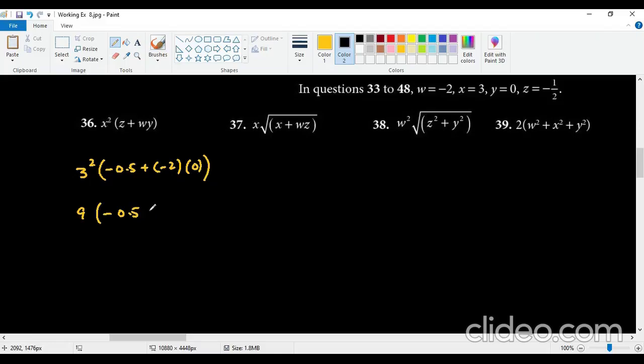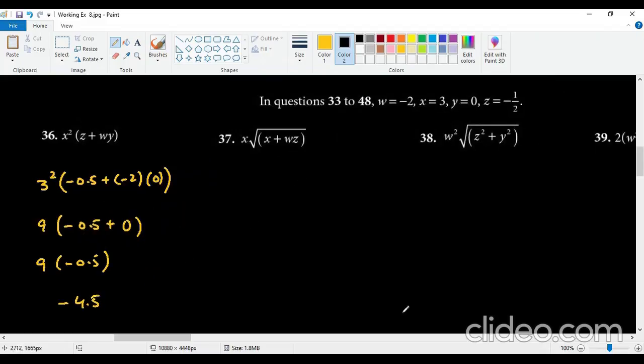So this 3 square is going to give you a 9 minus 0.5 and plus minus 2 times 0 is a 0. So 9 times 0.5 is going to give you, in calculation, 4.5 negative.